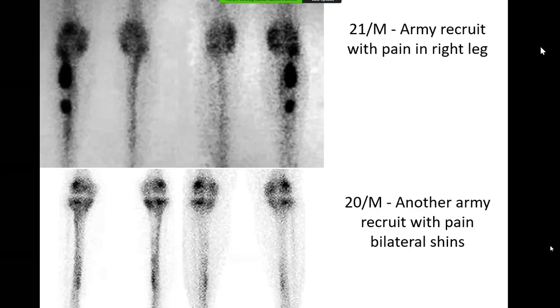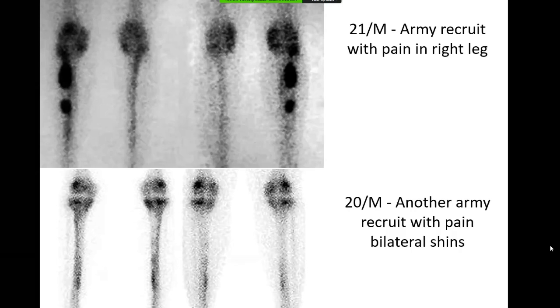Sir, it can be due to a stress fracture. Good. Okay, and the other one is a 20-year-old male with bilateral shin pain. There is a slight increased uptake noted along both anterior tibial shafts, right and left.